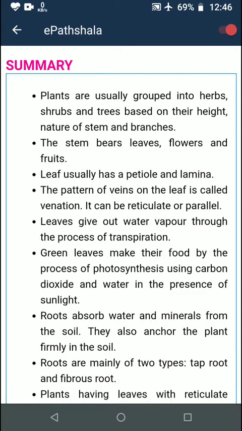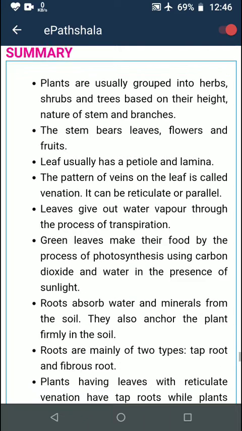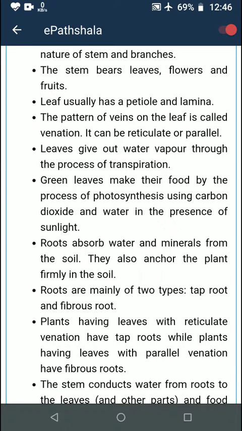Plants are usually grouped into herbs, shrubs, and trees based on their height, nature of stem, and branches. The stem bears leaves, flowers, and fruits. A leaf usually has a petiole and lamina.